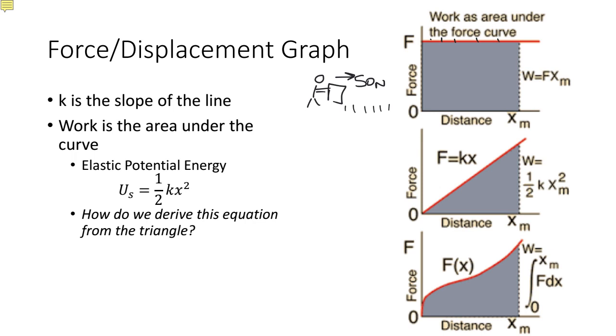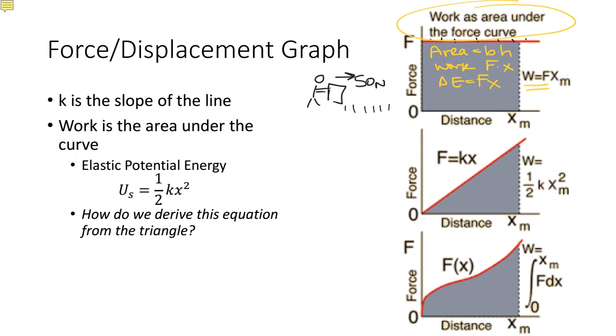So that's why this graph is a straight line. The area under the curve is the shape of a rectangle, which is base times height, the base being position and the height being force. And you might remember that force times position is equal to work, or a change in energy. So that's why work is the area under the force curve, and that's why the equation for work in a normal situation is just force times distance.